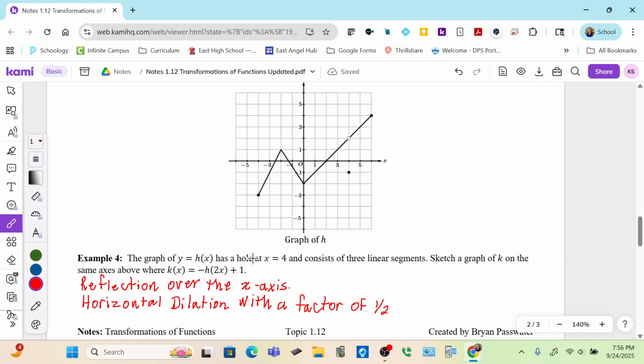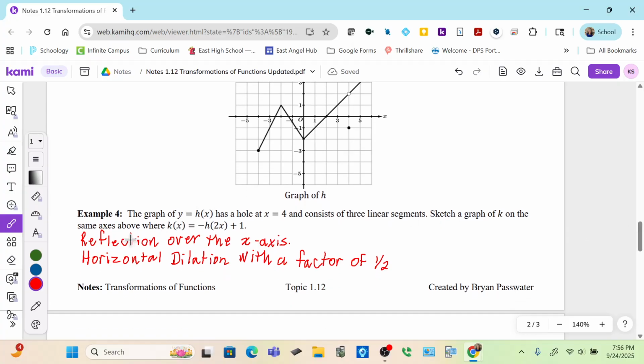And the plus 1 tells me that I'm going to have a vertical translation up 1 unit.